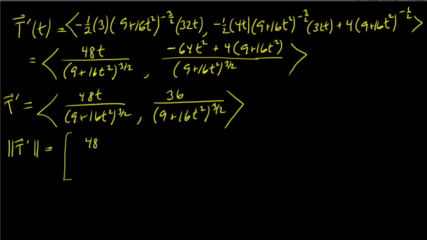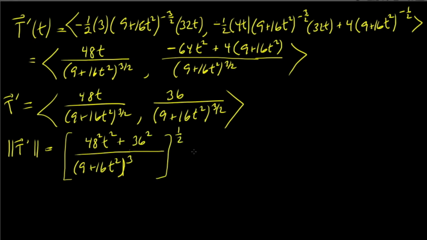I don't know what 48 squared is, or t squared, but when you square the denominator, you're just going to get 9 plus 16t squared to the third power, and the same thing for the second component. So we can just add the numerators. The numerator here is just 36 squared to the power 1/2, because you're taking the square root of everything. 36 and 48 are multiples of 12, so we can take 12 squared out, and then take the 12 outside the square root.